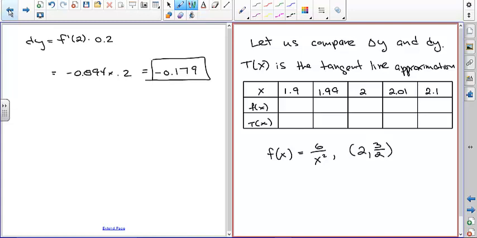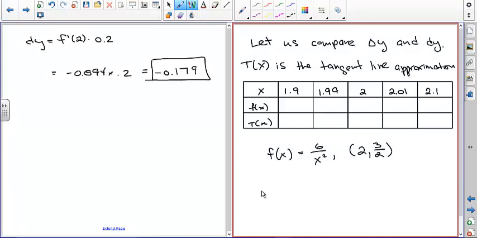T of x just means that you're using dy is equal to f prime of 2 times dx. And so you take your original value of x and your delta y, and you would add that to get your actual value. Well, let's just work this one out. We'll skip the previous one. We'll go ahead and do this, and then we're almost finished with this section.